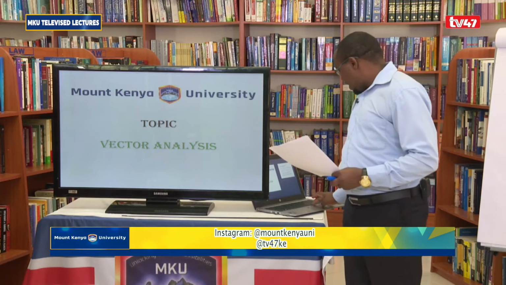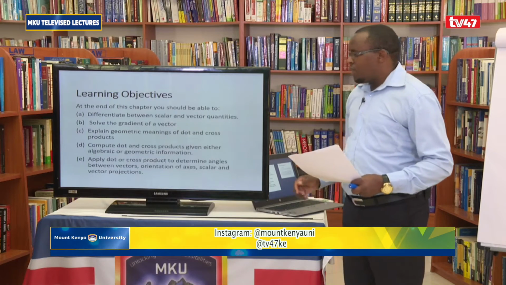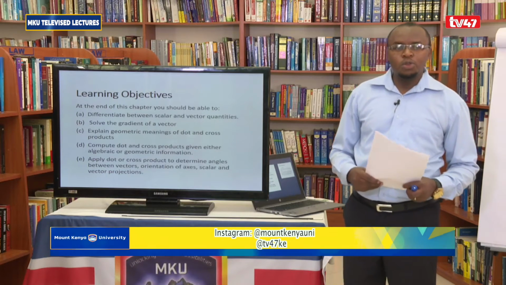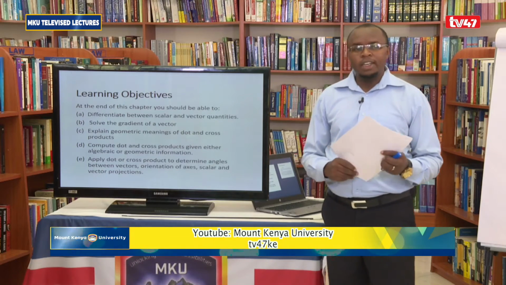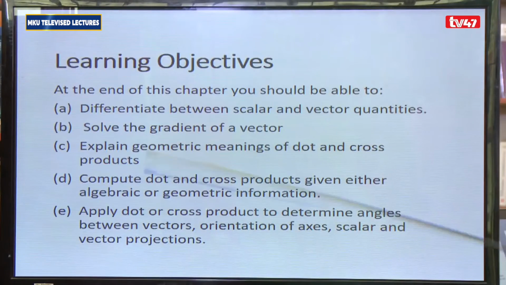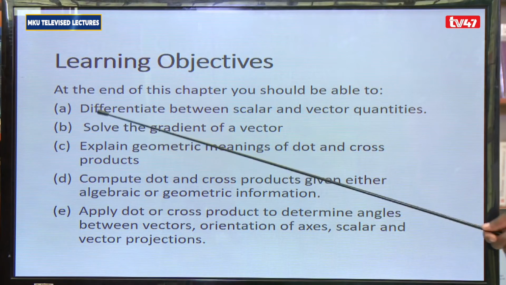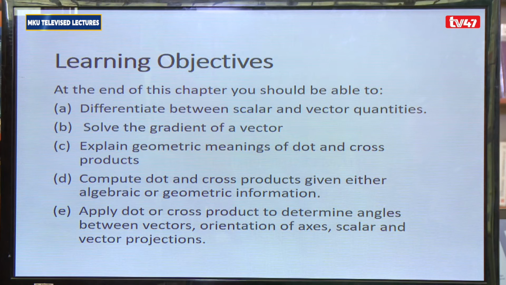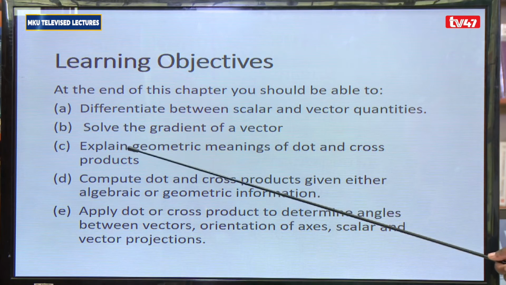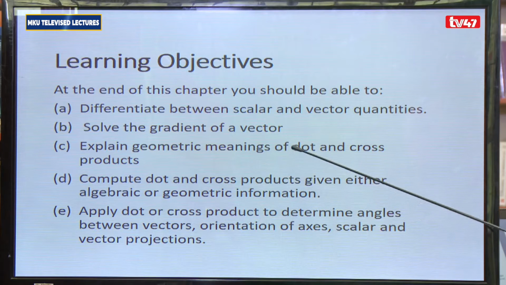Other vectors. By the end of this topic, you, a student, are supposed to be able to do the following. One, differentiate between a scalar and a vector quantity. Also, you should be able to solve the gradient of a vector. Also, you should be able to explain the meaning of dot and cross products.